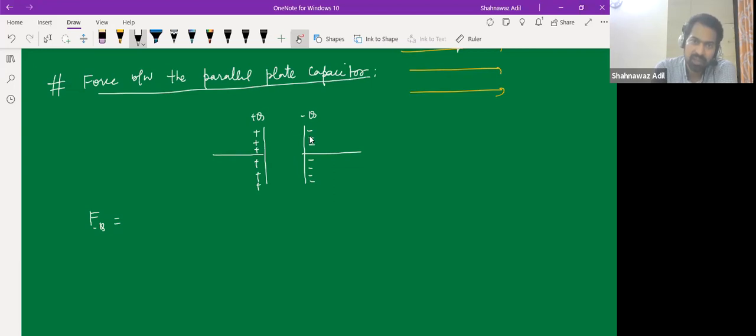What would be the electric field due to this positive sheet at this point?